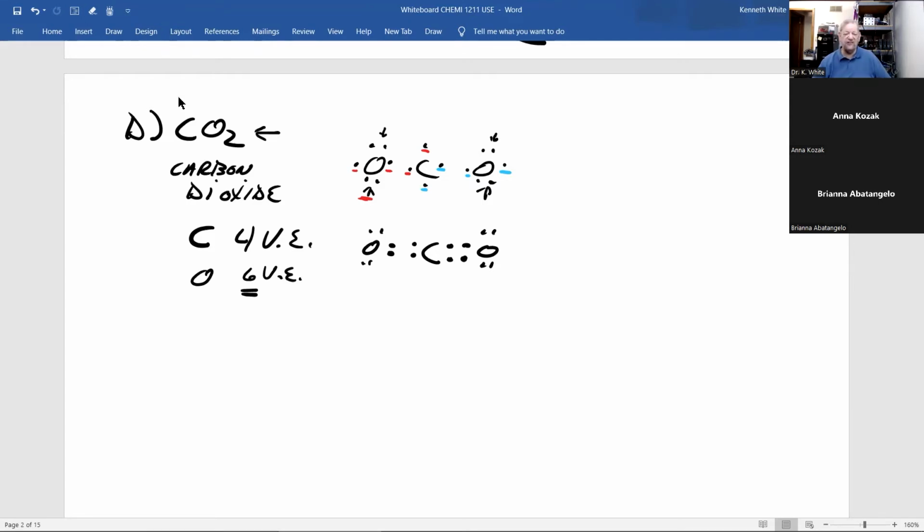And the next question I would ask you is, if this is the Lewis structure of CO2, what type of bond is between carbon and oxygen? Well, how many pairs of electrons? 2 pairs.